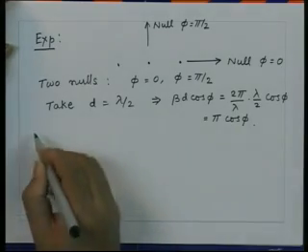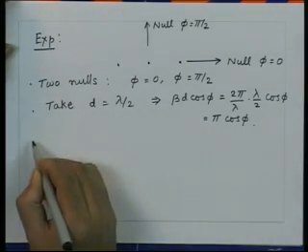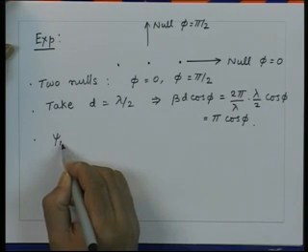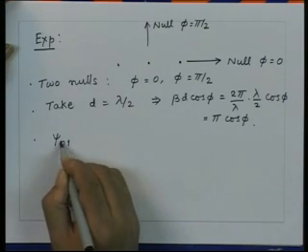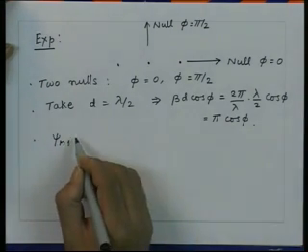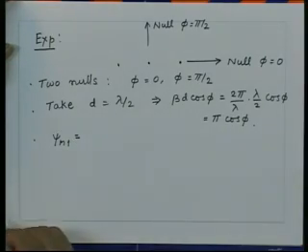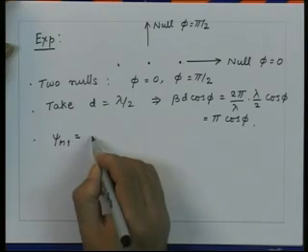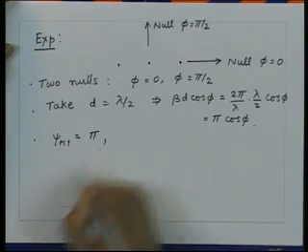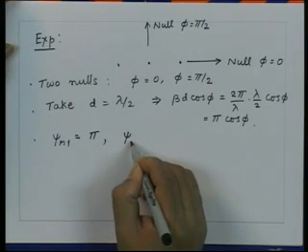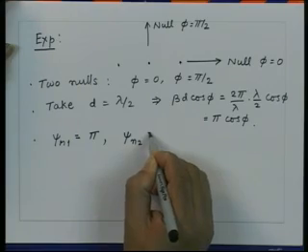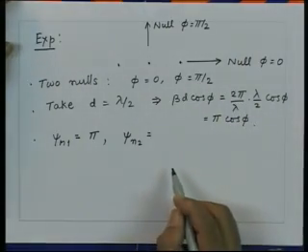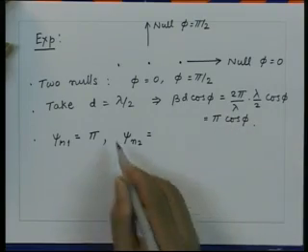So, we get here psi n 1, that is equal to, when I put phi equal to 0, you will get psi n 1 which is equal to pi, and you will get psi n 2, when phi is equal to pi by 2. So, this is 0.